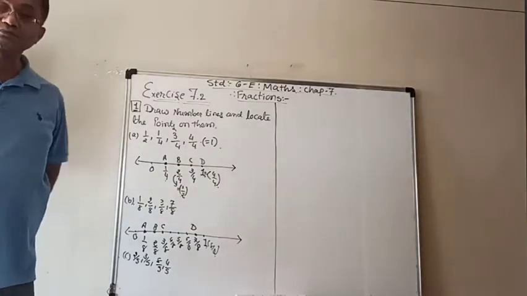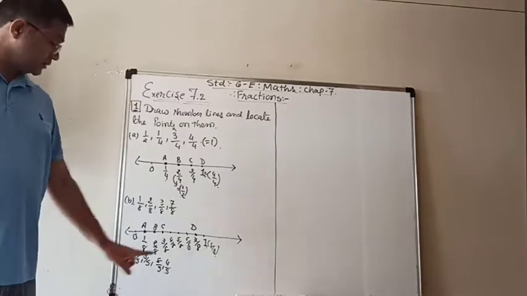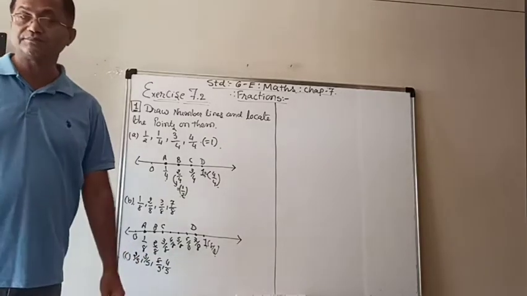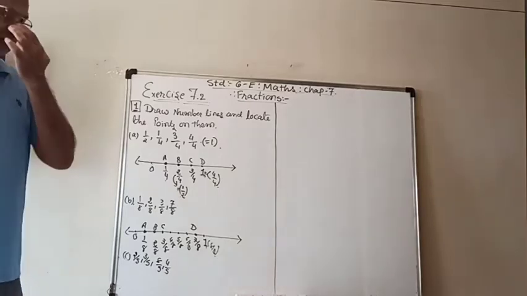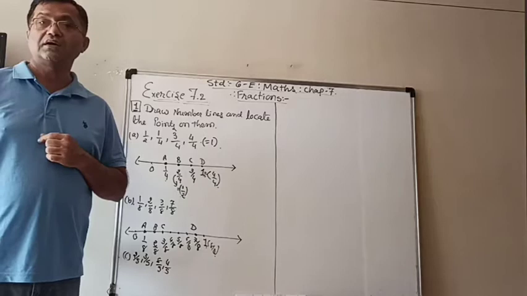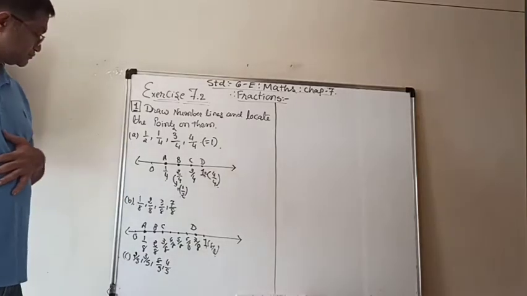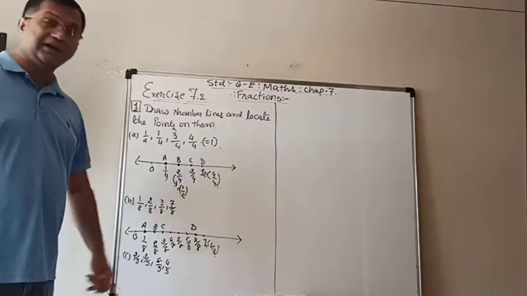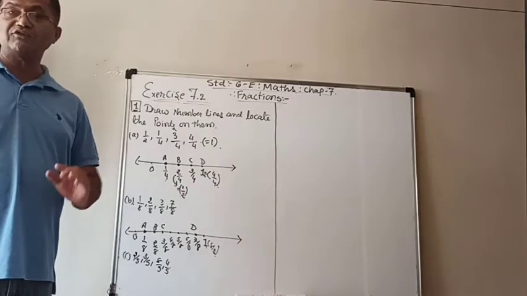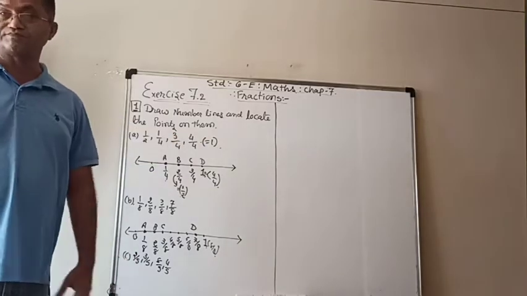What is not right? Here this number and this last number, in them the numerator is smaller than the denominator. But the third number is more than it. It means that we have to go beyond 1 also.